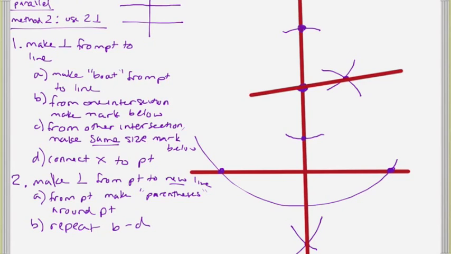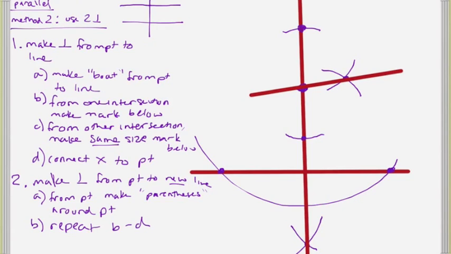Some students are going to prefer one of these ways to the other way. This way obviously has a lot more steps involved in it than the angle copy, but for some students this way just makes more sense of, yeah, I can follow that process of why this works better. When I taught myself constructions, I didn't have anybody to teach me, so I had to teach myself, and the first time I looked at a problem that asked me to make parallels, this is what made sense to me.